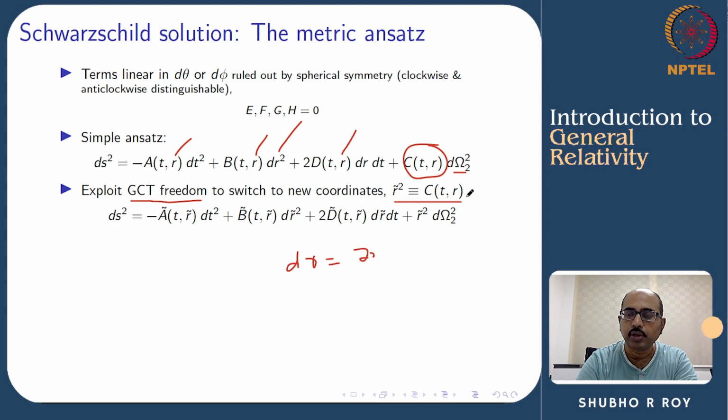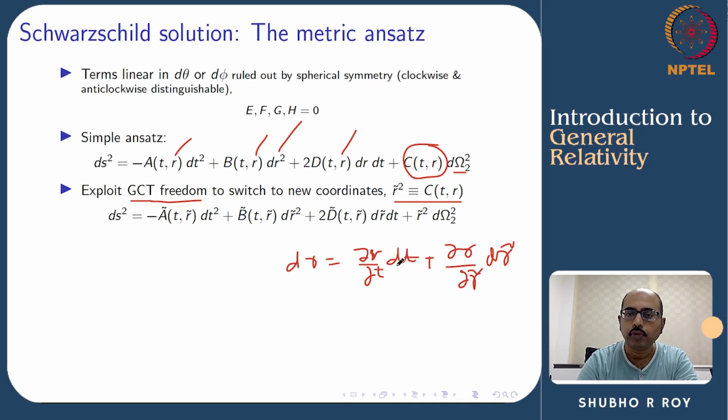From this equation, you have to invert to write r in terms of r tilde and t, and then dr will be given by using the chain rule: dr is del r by del t dt plus del r by del r tilde d r tilde.